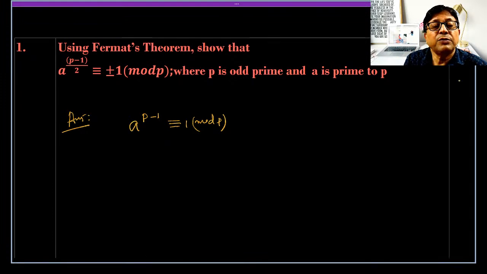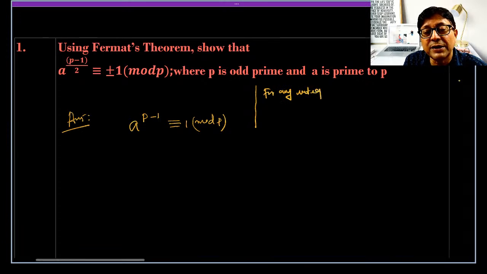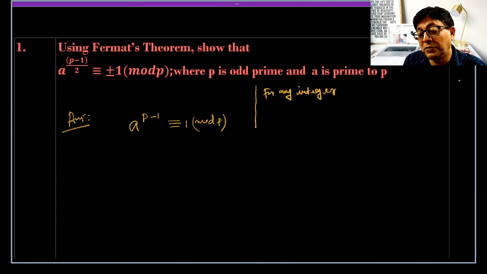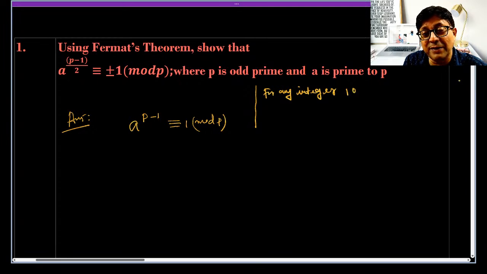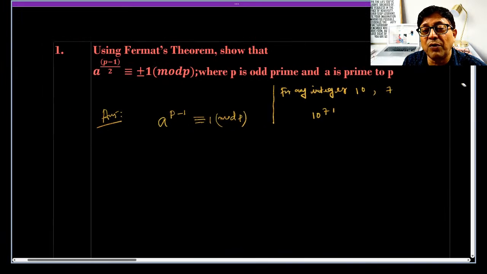So a to the power p minus 1 is congruent with 1 mod p, and we have seen that for any integer a. If you take the integer 10, say, and the prime number 7, then 10 to the power 7 minus 1 is congruent with what?